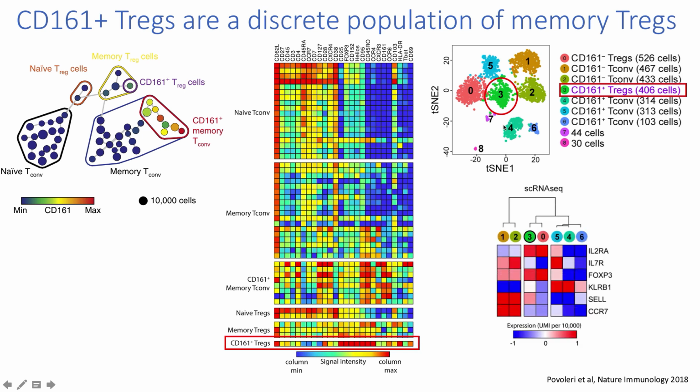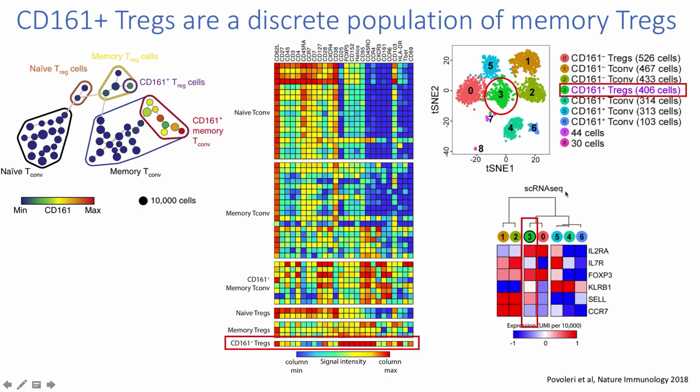Moreover, when we looked at the expression of the specific markers that identify Tregs, again we can find a specific pattern of expression of multiple markers, suggesting that this population is specific within the memory Treg population and is not the presence of contaminating effector T cells.